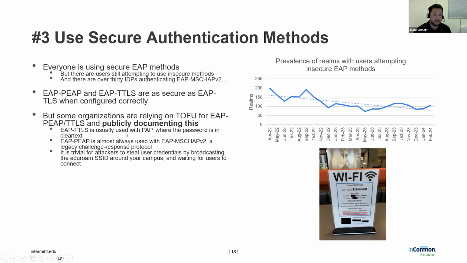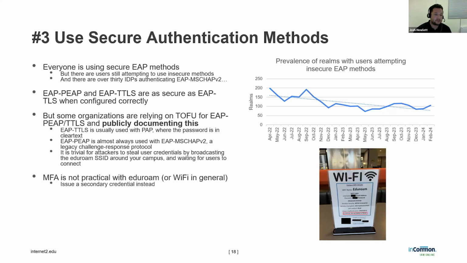But it is creating a significant weakness because users have devices that will just be handing out their credentials to anything claiming to be eduroam, without authenticating that the entity they're giving the credentials to is actually authorized to receive them.